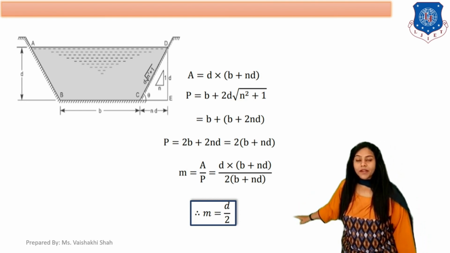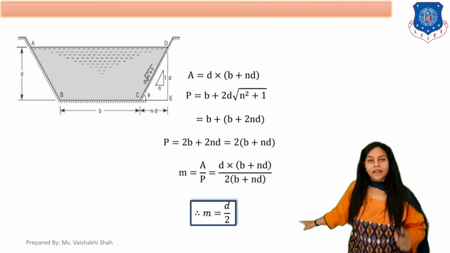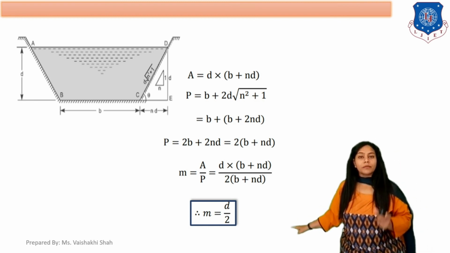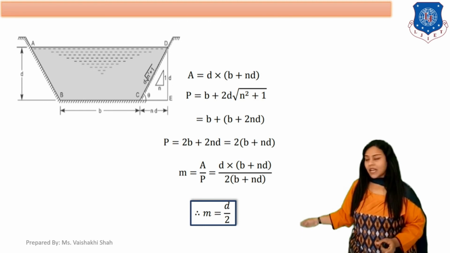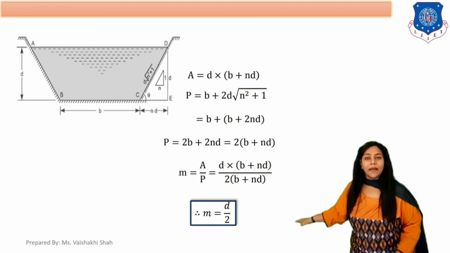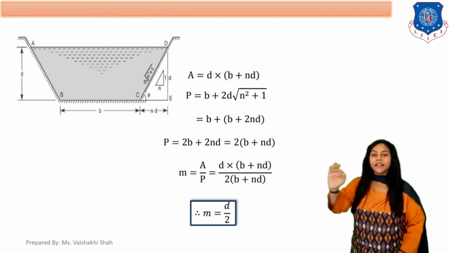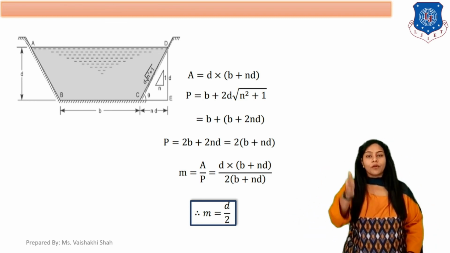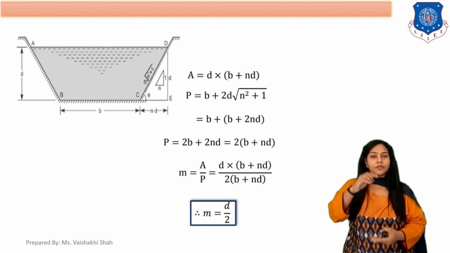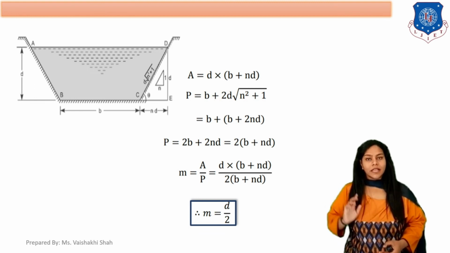Now what is M here? Hydraulic mean depth. So for most economical trapezoidal section, hydraulic mean depth M should be equal to D by 2, where D is the depth of the trapezoidal section.